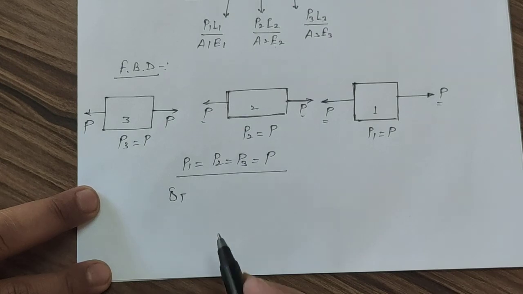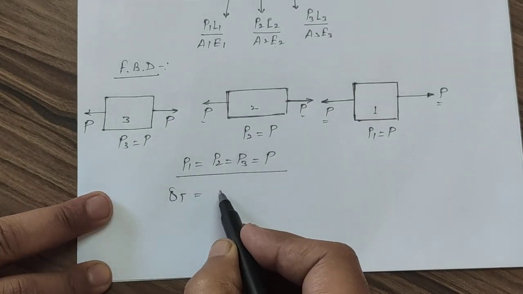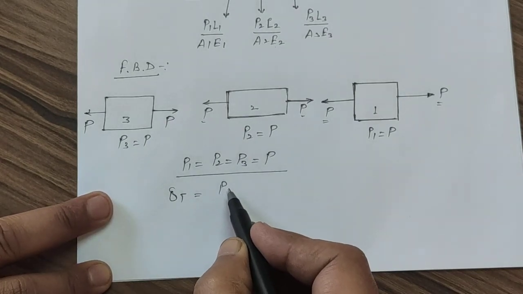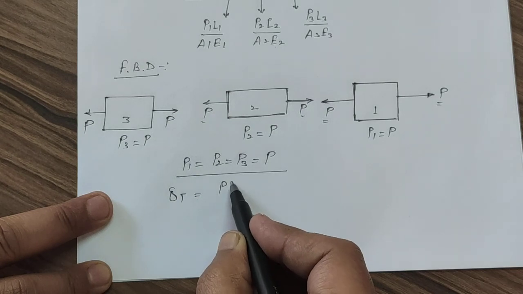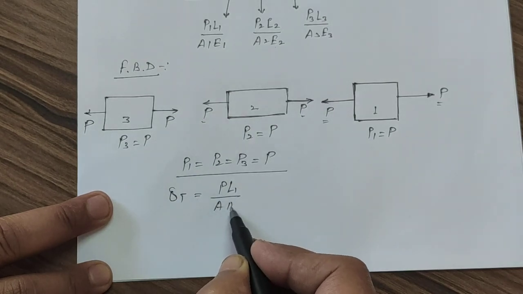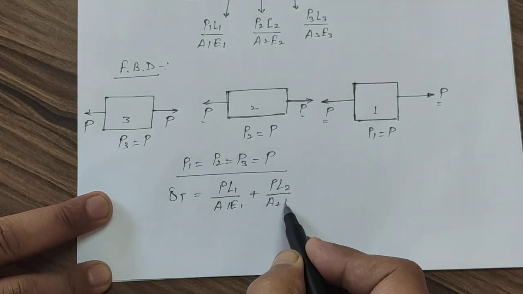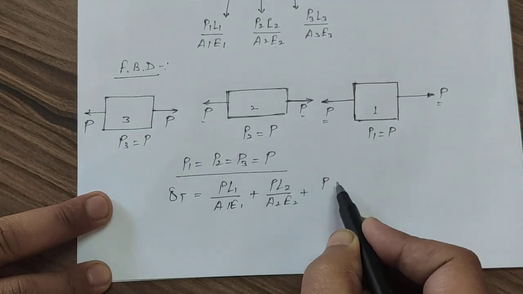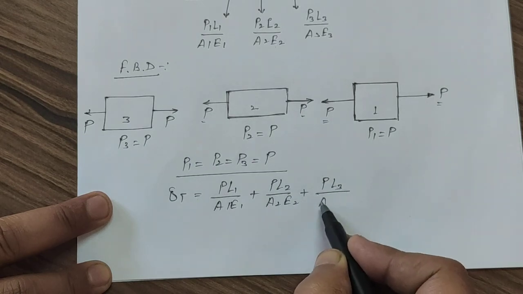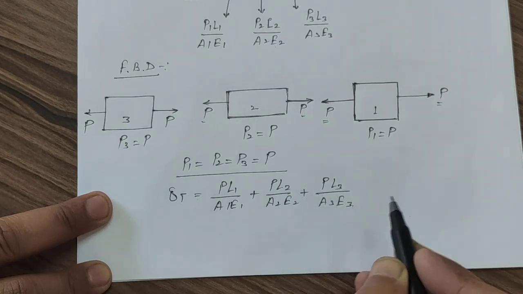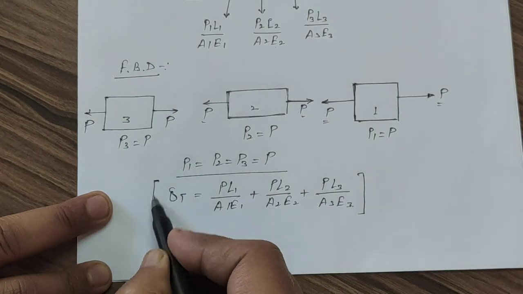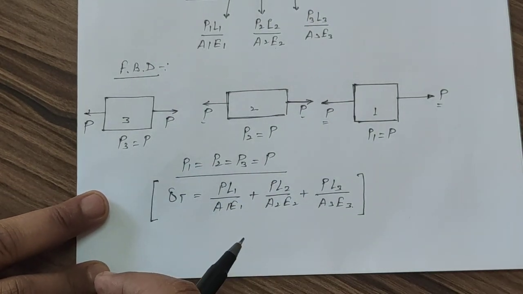The total elongation we can now calculate. Now we have all the values of P. Total elongation will be equal to P L1 divided by A1 E1 plus P L2 divided by A2 E2 plus P L3 divided by A3 E3. With the help of this we can calculate the total elongation.